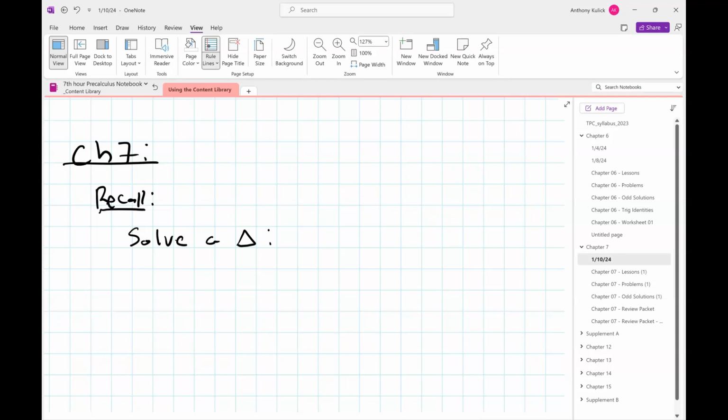What does it mean to solve a triangle? You want to find all the angle measures and all the side lengths.